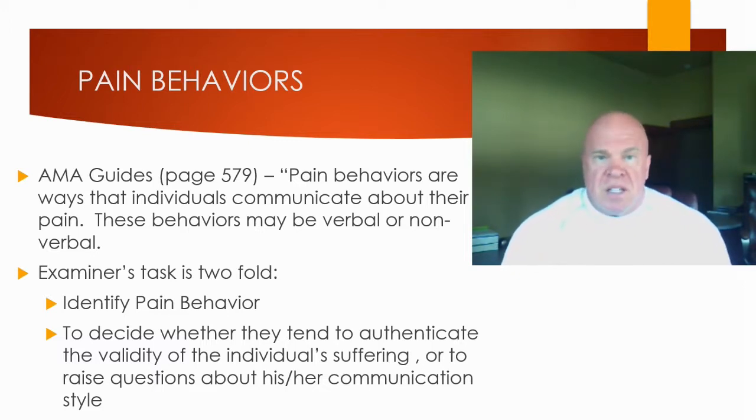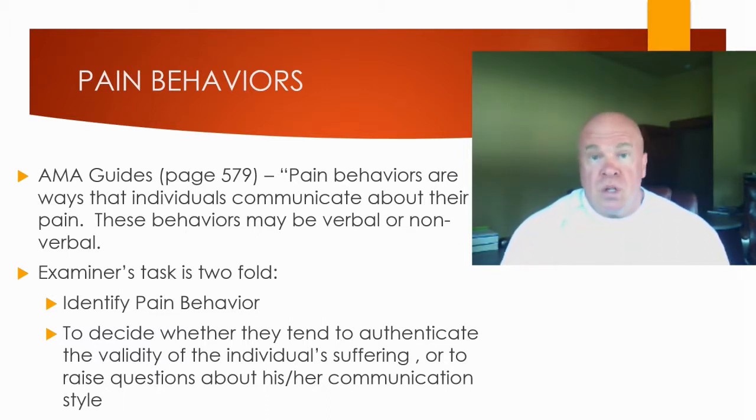Now, as the examiner, we have a twofold task. Number one, when we see a pain behavior, it becomes important to identify and characterize specifically the exact nature of the pain behavior that we're observing. And then, once we have the pain behavior characterized, it's necessary to make a decision within your own mind as to whether or not that observed pain behavior tends to authenticate the validity of the individual's suffering.